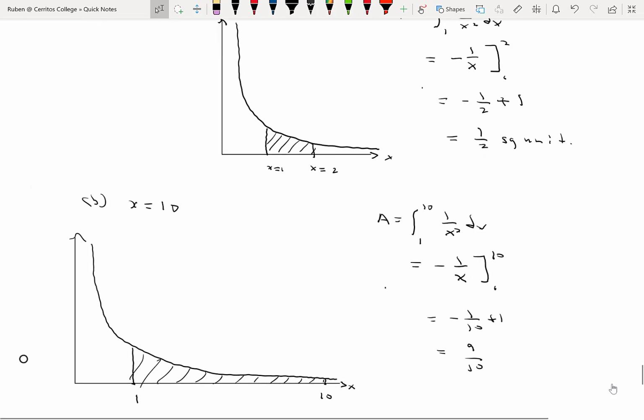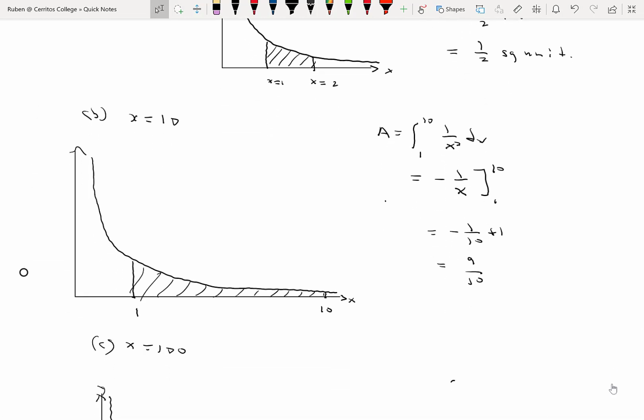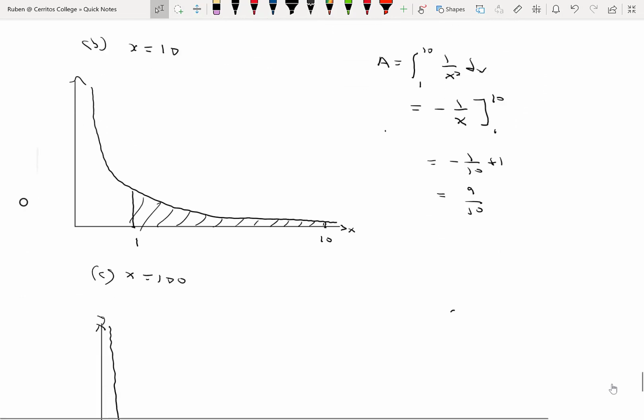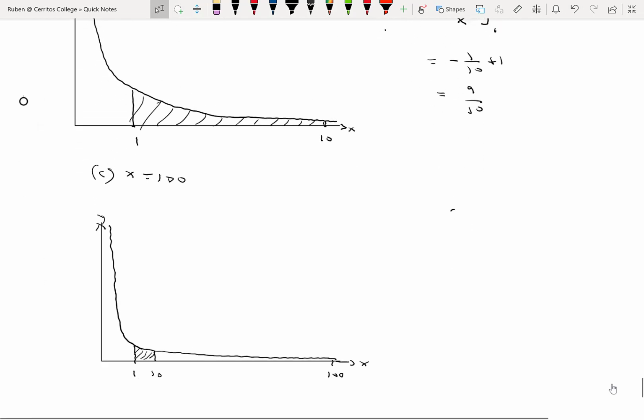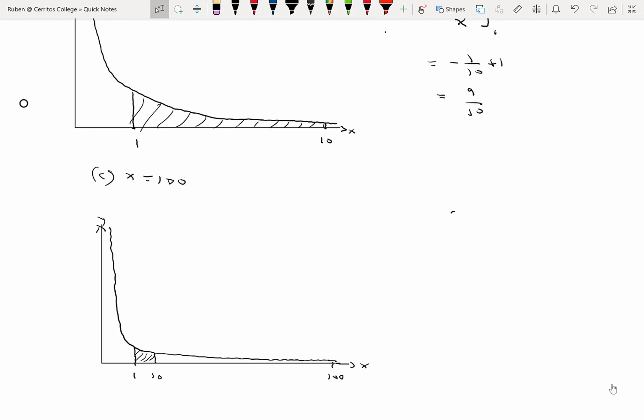If I increase the right-hand limit to 10, the area was 9/10. So I can expect that the area will be more than 9/10. So the big question is, is the area going to become bigger as I increase the right-hand limit of integration? Is it going to approach some sort of constant as I keep increasing the right-hand limit of integration?